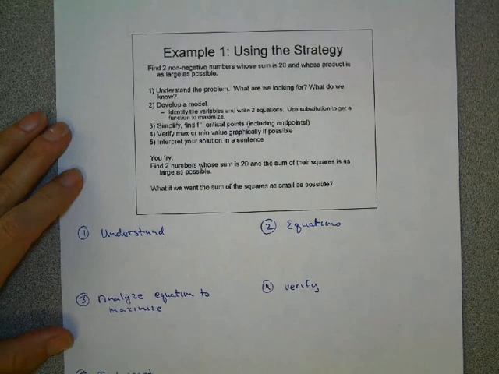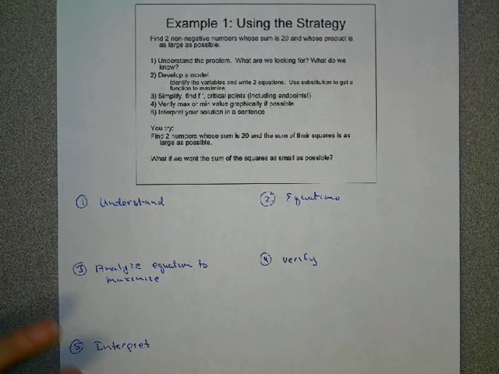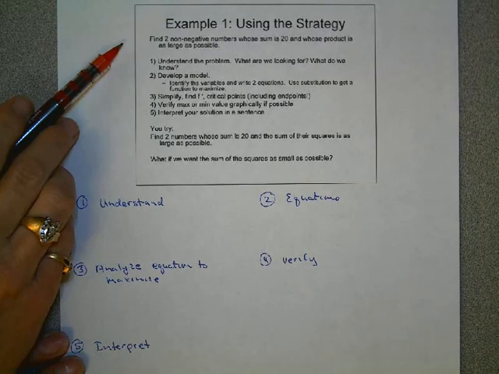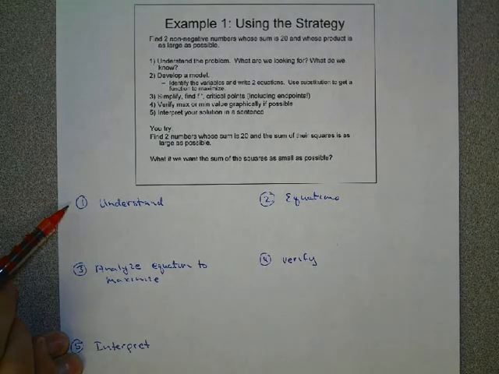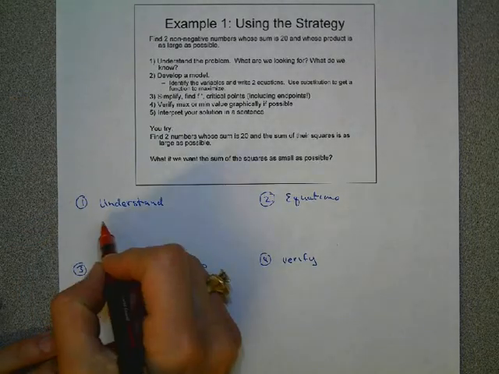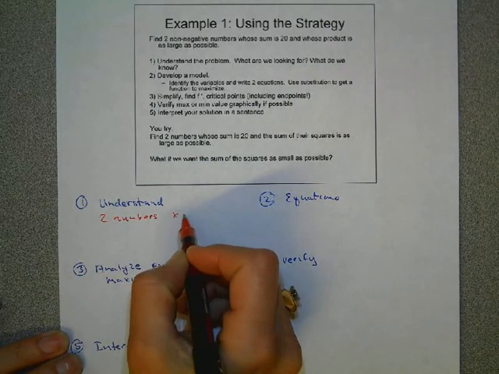Okay. What we're going to do here is find two non-negative numbers whose sum is 20 and whose product is as large as possible. So step one, we want to understand the problem. We need two numbers. Let's call them x and y.